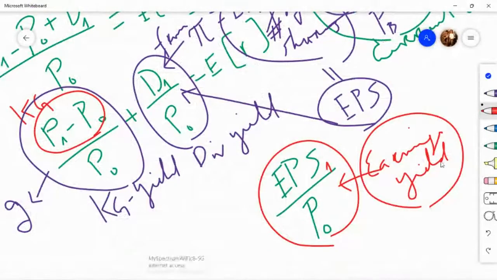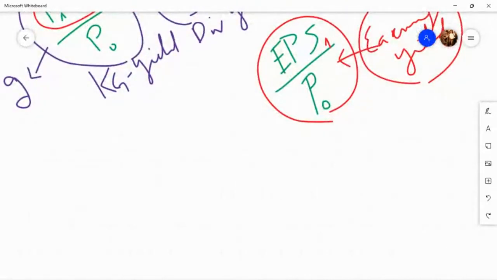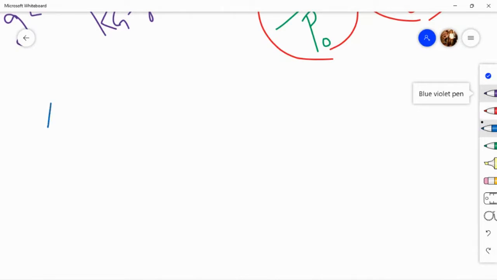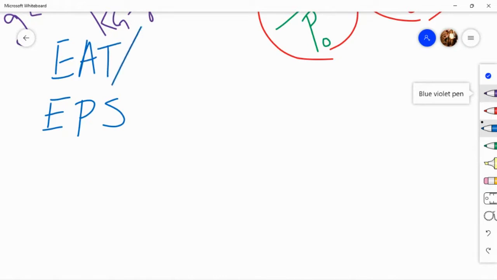Now, you understand basically. We all understand the per share part of EAT, right? EAT divided by number of shares.